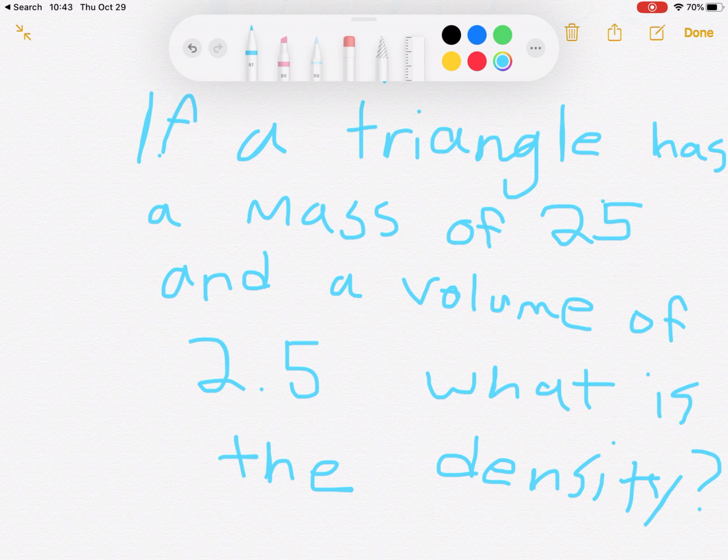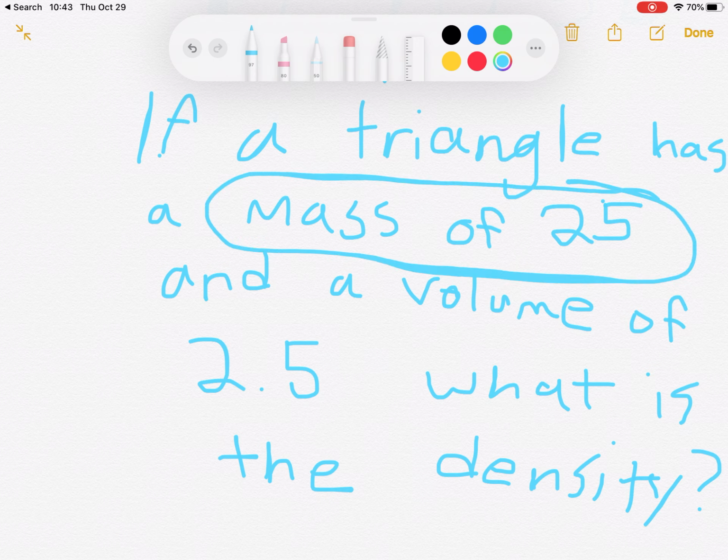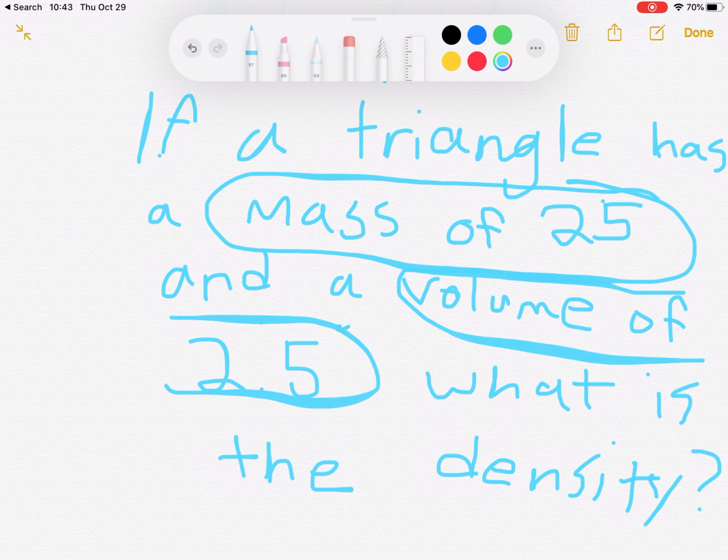So if a triangle has a mass of 25 and a volume of 2.5, what is the density? So we see our data is the mass of 25 and the volume of 2.5.